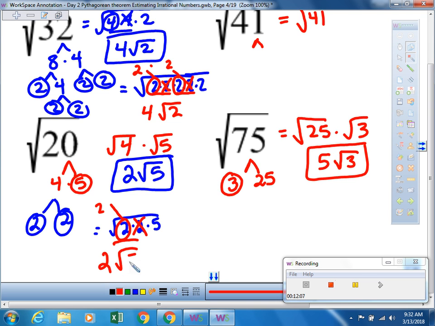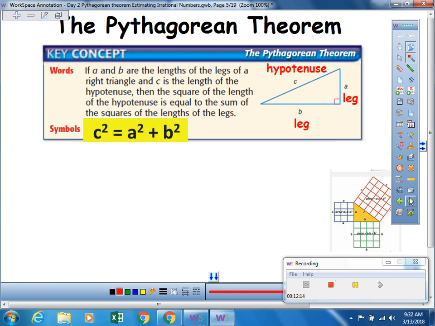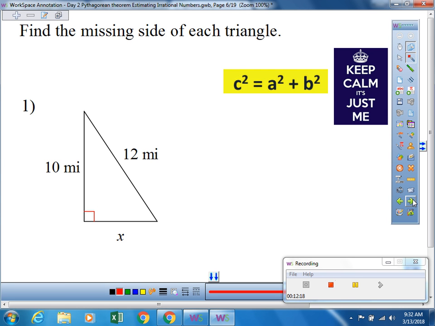What's left inside? 5. It's the same answer. Either way works. All right, so let's put that into place into the Pythagorean theorem from yesterday. So write this down. Spell this out. It's going to be all of us.